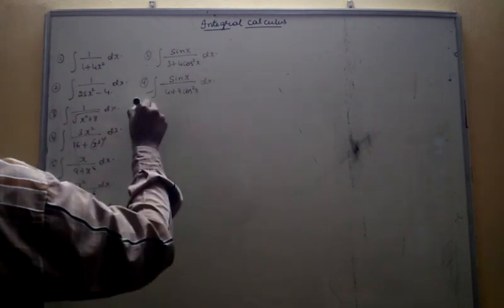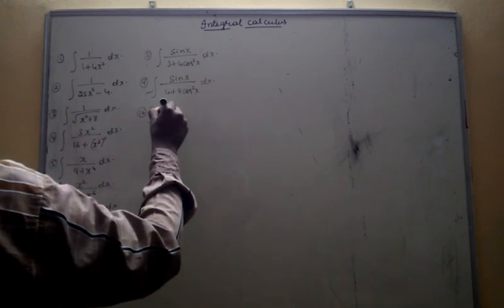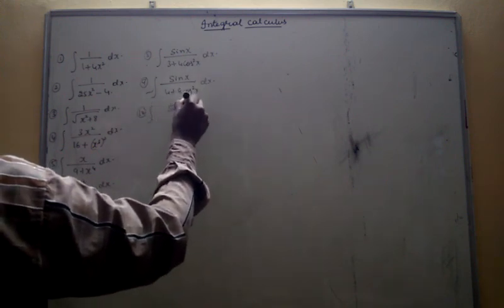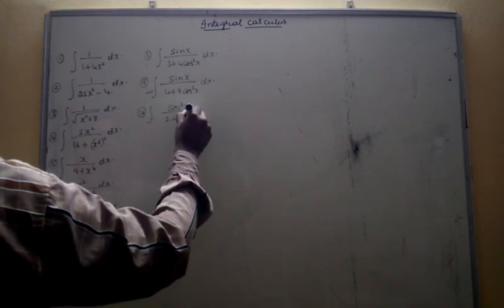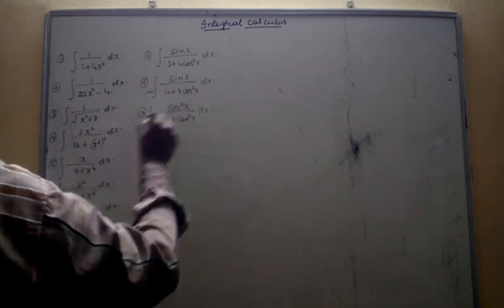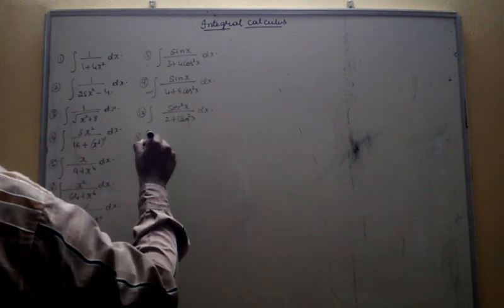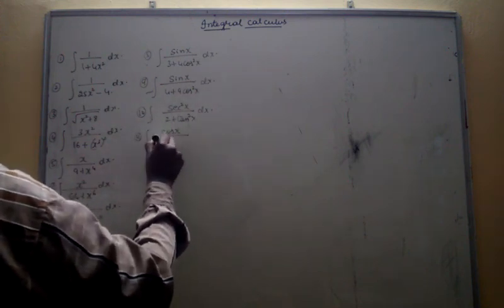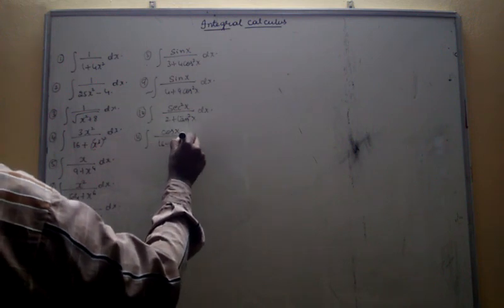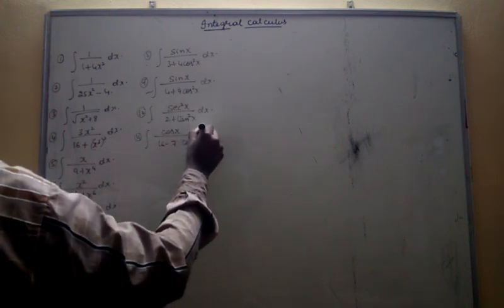The next, 10th one, integration of secant square x by 2 plus tan square x dx. The next, 11th one, integration of cos x by 16 minus 7 cos square x dx.